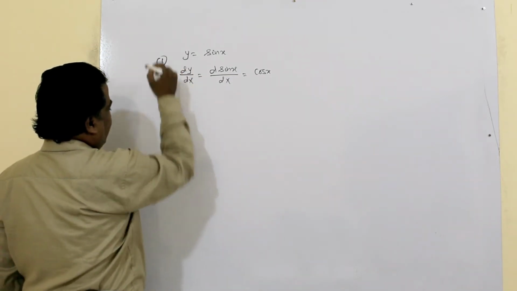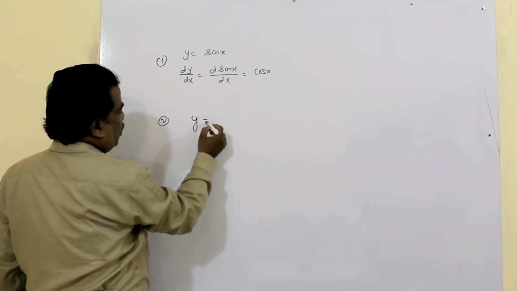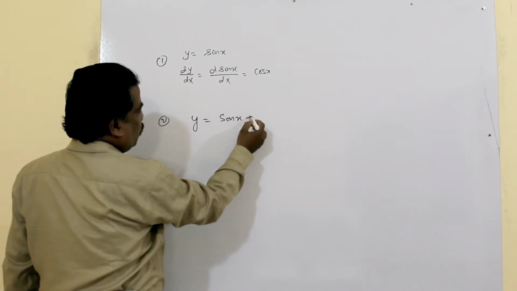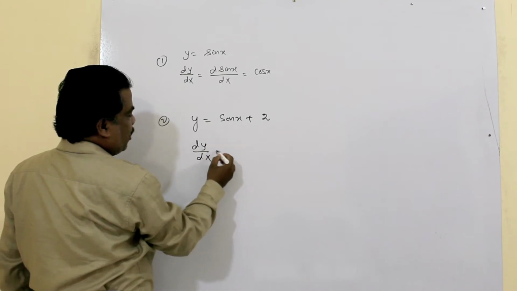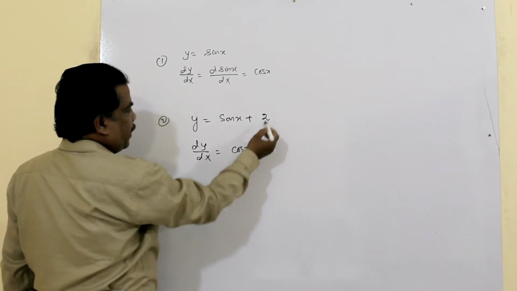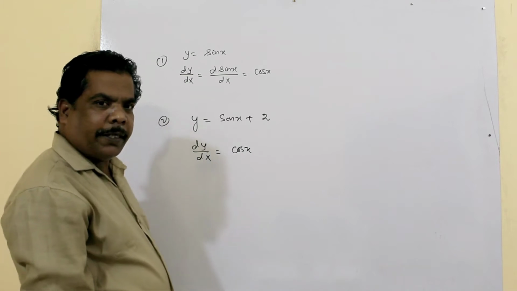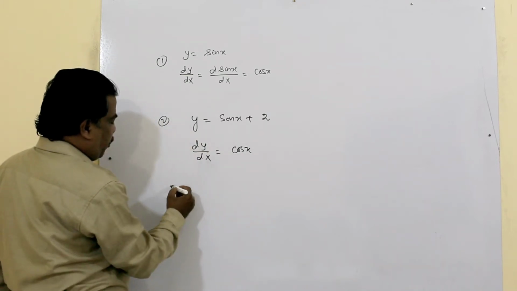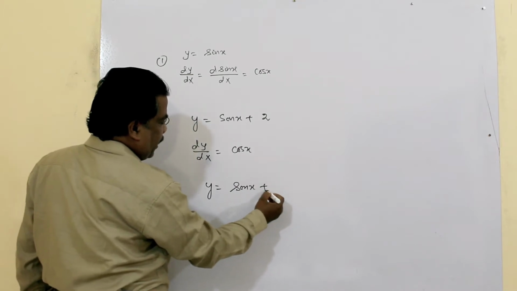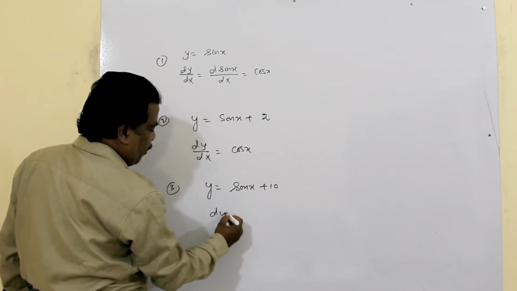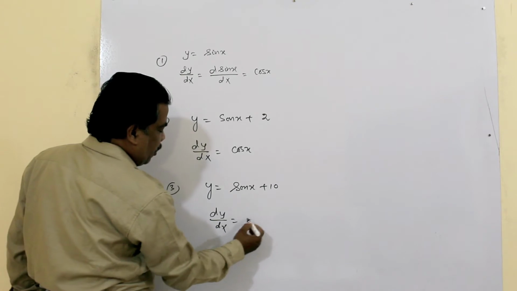If you take another function y is equal to sin x plus 2, then dy by dx is also cos x, as the derivative of a constant quantity is equal to 0. If you take another function y is equal to sin x plus 10, then dy by dx is cos x.